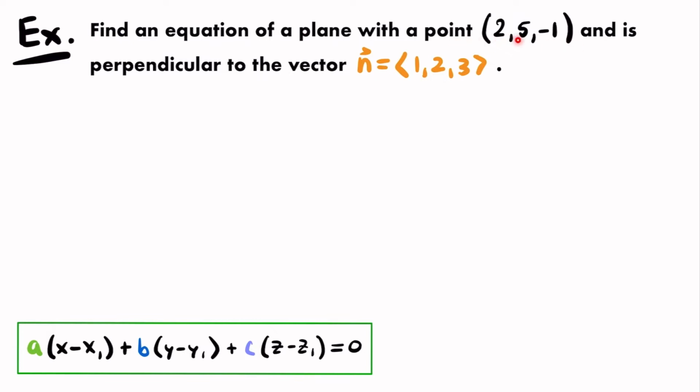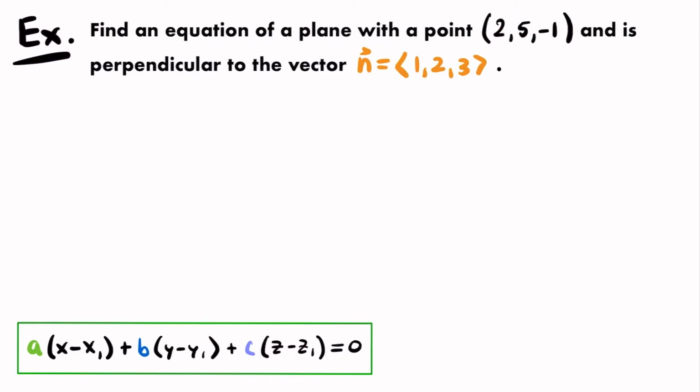We have a point within the plane and a vector perpendicular to it, which is this normal vector right here. Okay, and you can see that I have our standard form of the equation of a plane right here for us to reference. And so all we have to do in this problem is fill in this equation with the appropriate values from the coordinates of the point and the components of the normal vector.